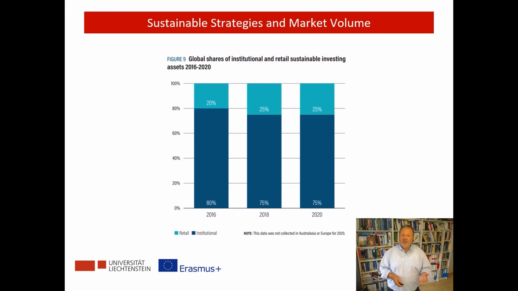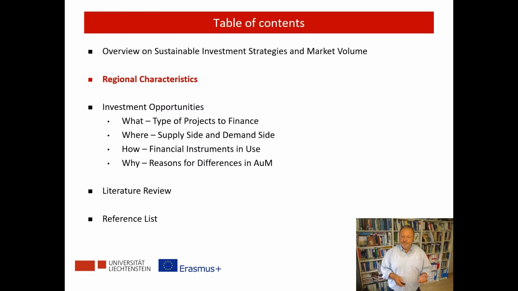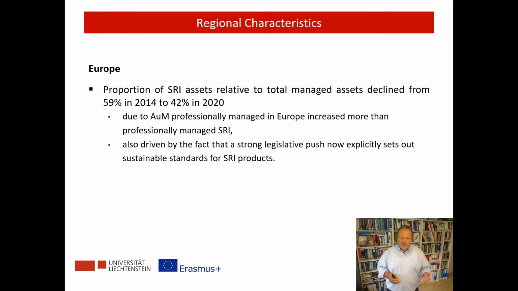And now we come to regional characteristics. First we come to Europe. The proportion of socially responsible investment assets relative to total managed assets declined from 59% in 2014 to 42% in 2020.